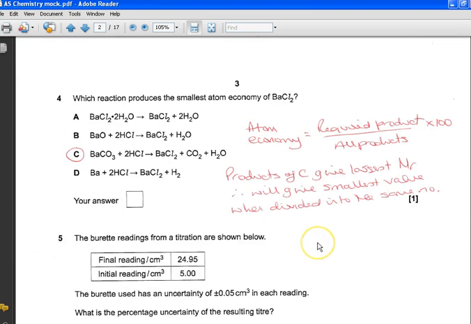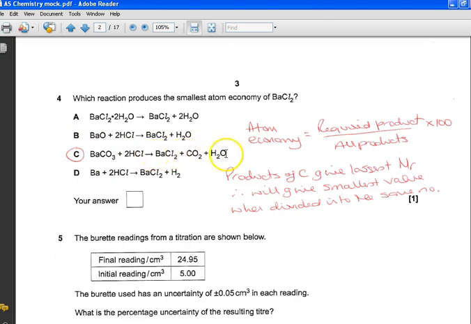Okay, question 4, smallest atom economy. So, you know, this is the formula for atom economy. Products are, of this particular equation.